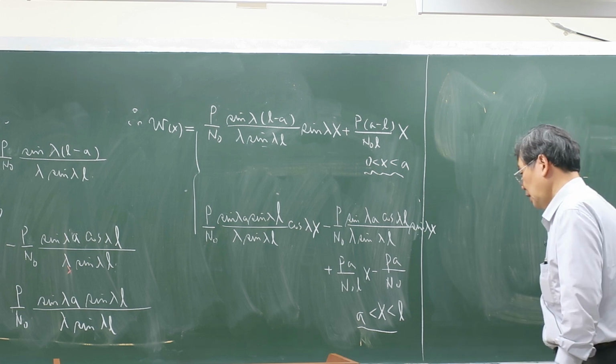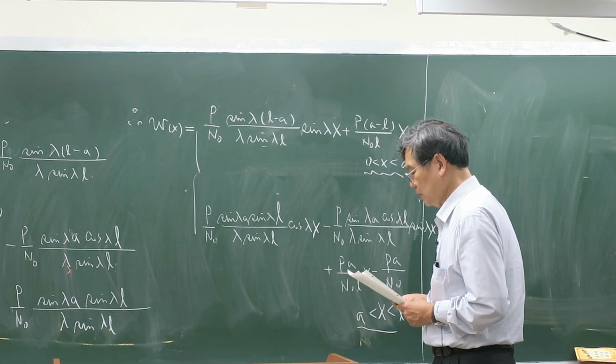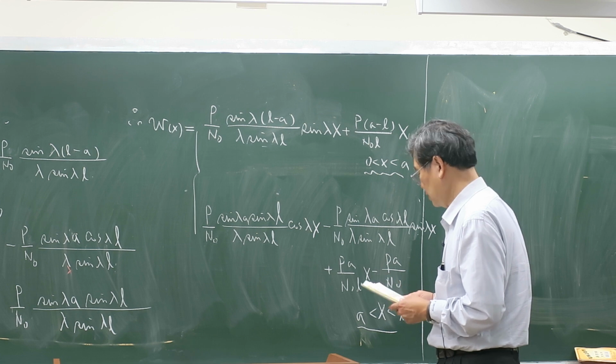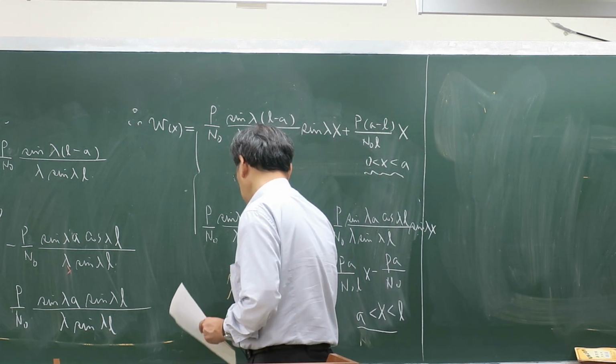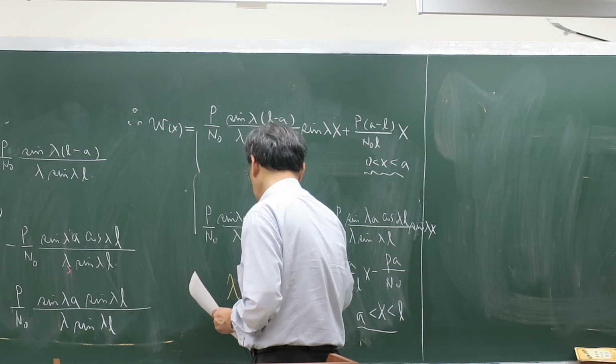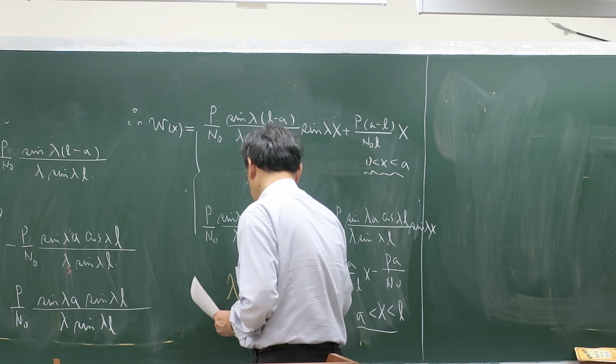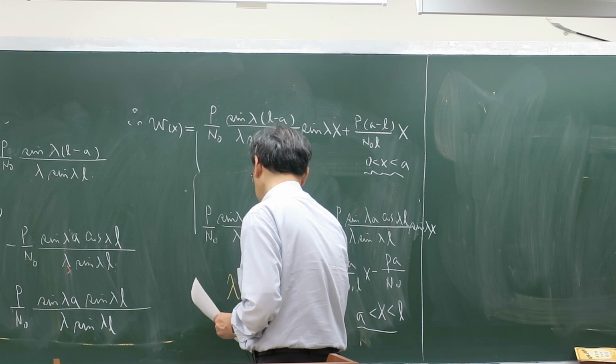Okay, and here lambda is what? Is square root of N0 over EI, right?